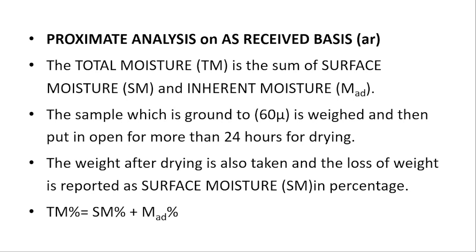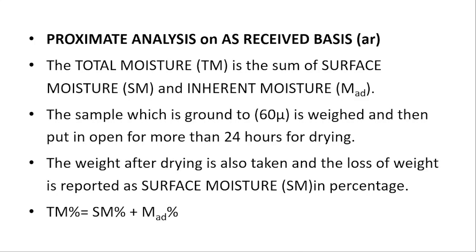Then comes the proximate analysis, as received basis. We should know the terms of the total moisture. TM is the sum of surface moisture and inherent moisture, or MAD, moisture air dry.